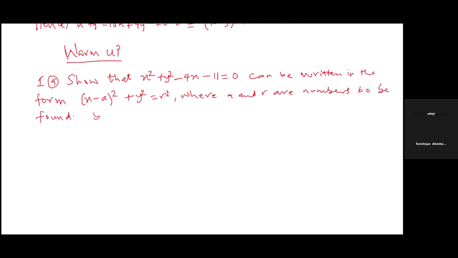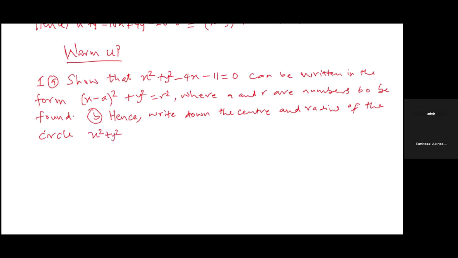Question B. Hence, write down the center and radius of the circle x squared plus y squared minus 4x minus 11.